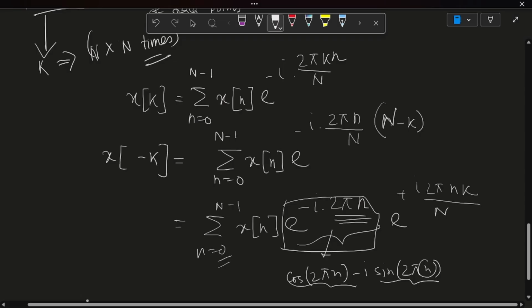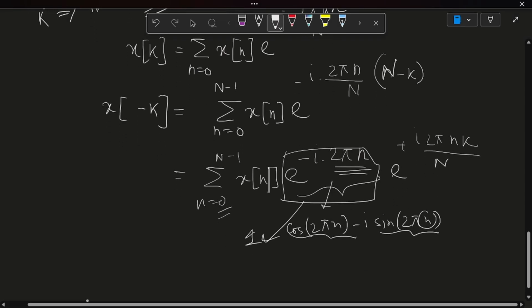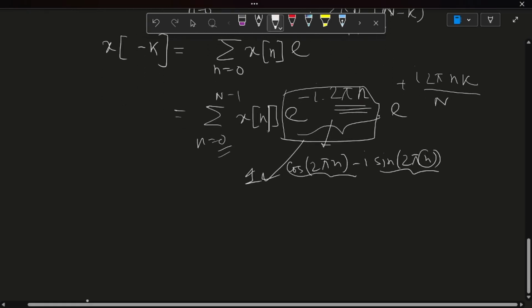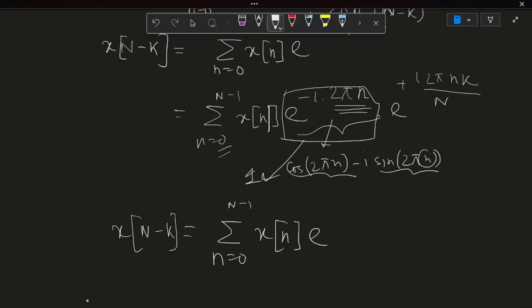So effectively this term gives the value 1. So if we calculate X_(N minus k), we get the sum over n from 0 to N minus 1 of x_n e to the power i 2 pi n k by N.